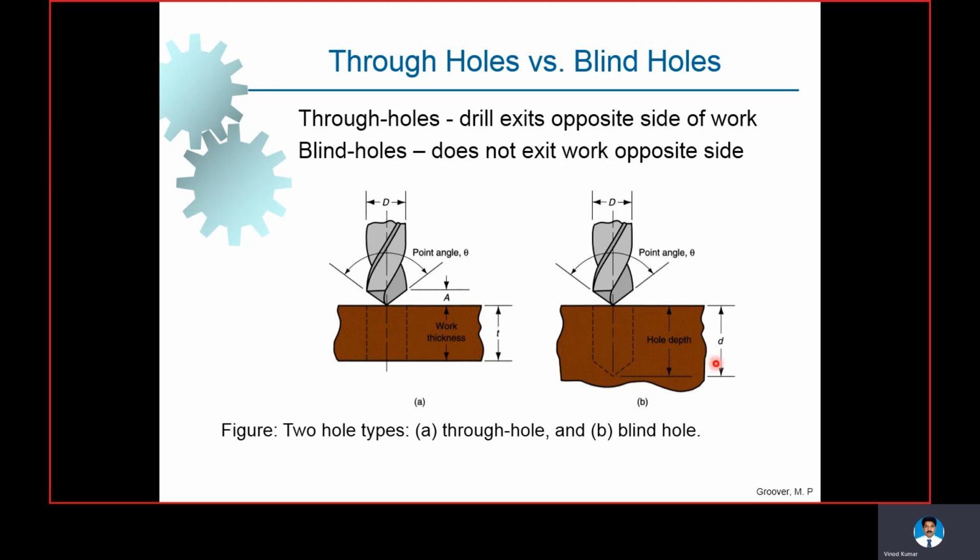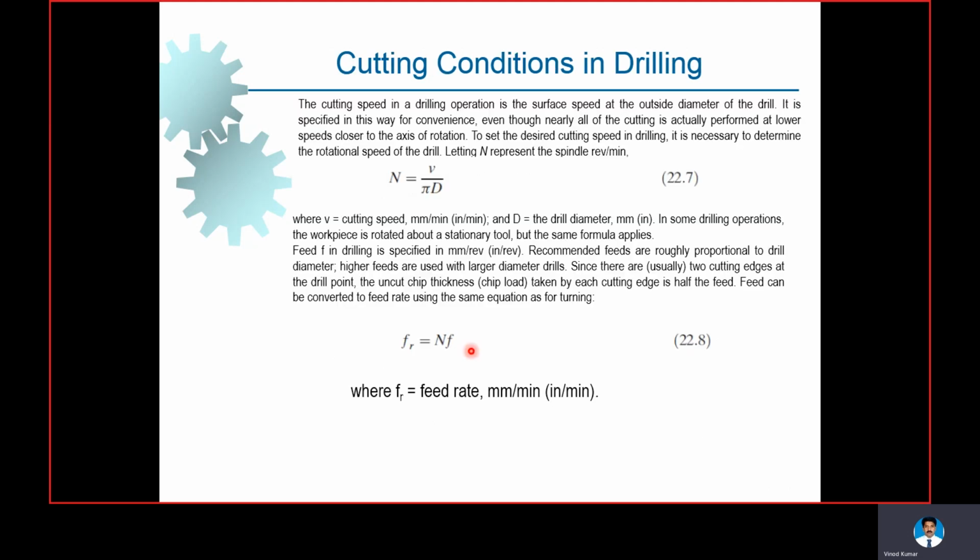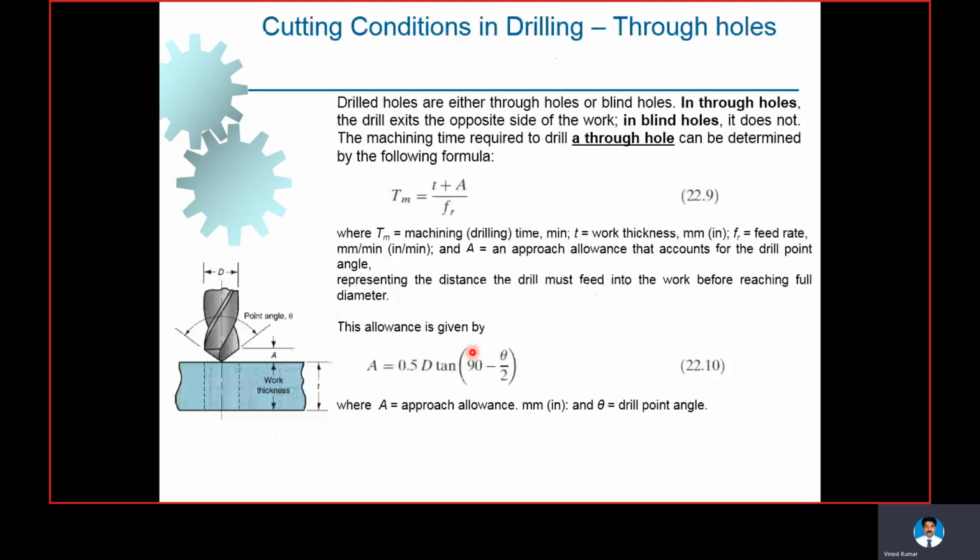The depth of the hole is taken as D, and in a through hole, the depth of the hole is equal to the thickness of the workpiece. Now the cutting conditions of the drilling operation: time required for machining equals thickness plus an additional distance A, which is called approach, because the drill bit has to move an additional distance to start the drilling, and then it has to move downwards.